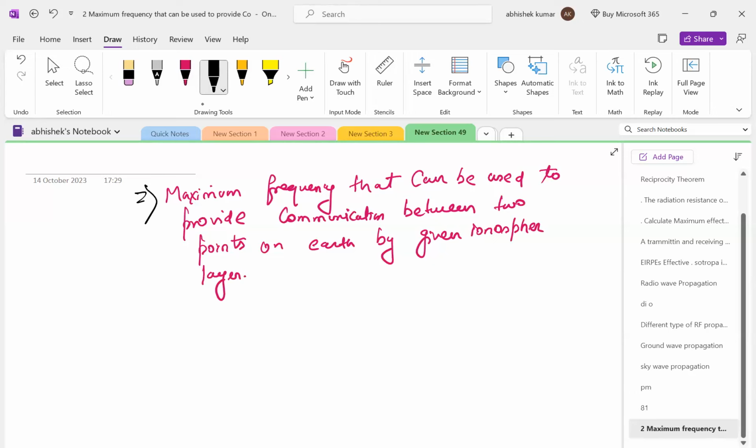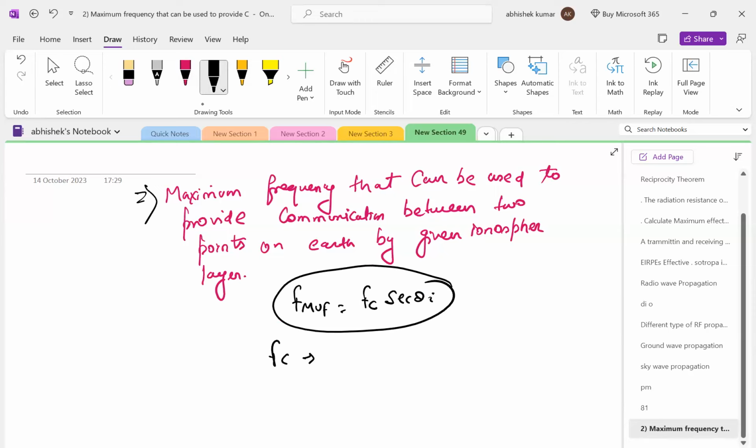And it is defined as maximum usable frequency equal to fc sec theta I, where fc is the critical frequency and theta I is the incident angle.